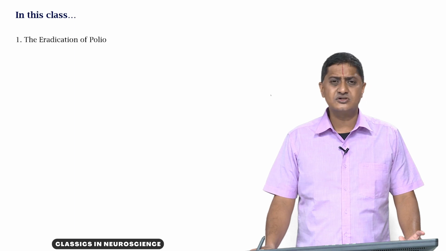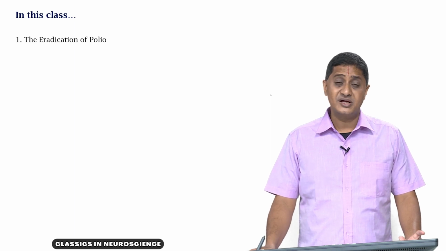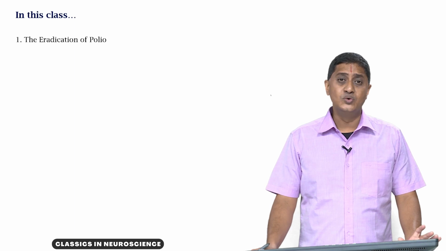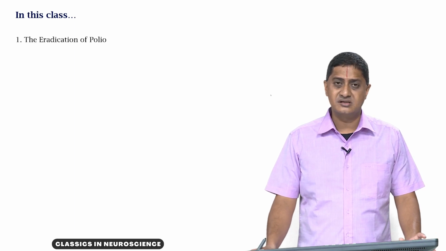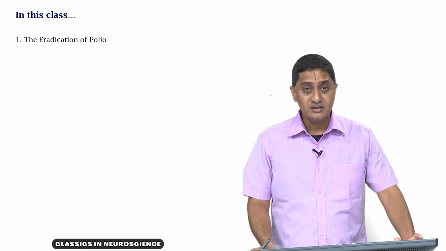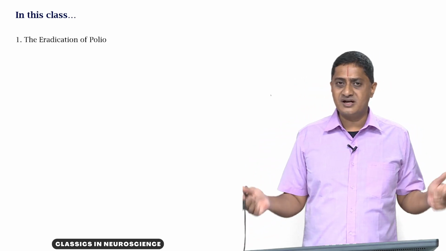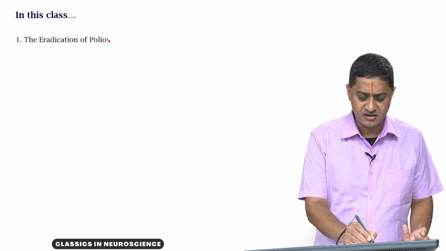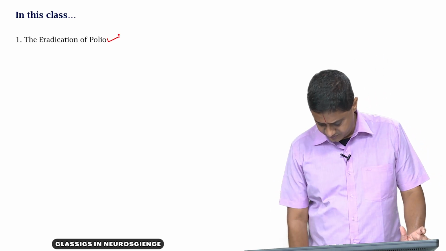It was extraordinarily scary for parents, because this diagnosis, once it comes, can be devastating. It causes a huge difference for the patient and their parents. In the good old days, now we have eradicated polio, but how did this happen? That is the focus of this video.